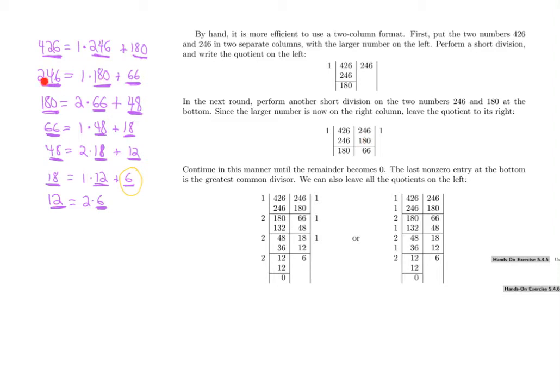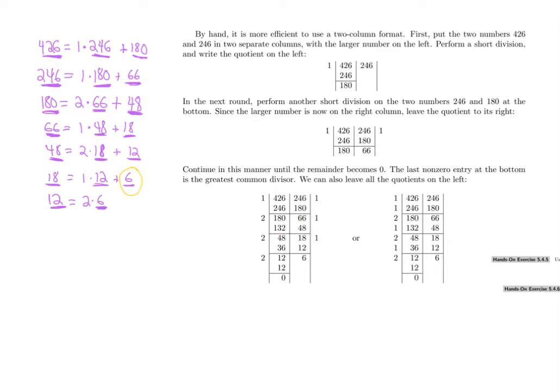So 246 divided by 180, 180 only goes in once. So they're putting that quotient there, and then they're doing the subtraction. Okay, so that's all fine for now. You do the subtraction, you get 66, and then they're not going to do 180 minus 66, they're going to do 180 minus 132. The quotient in this step is 2.